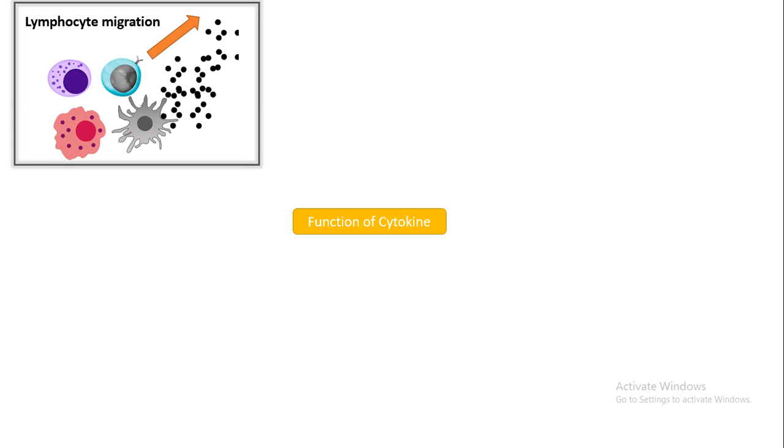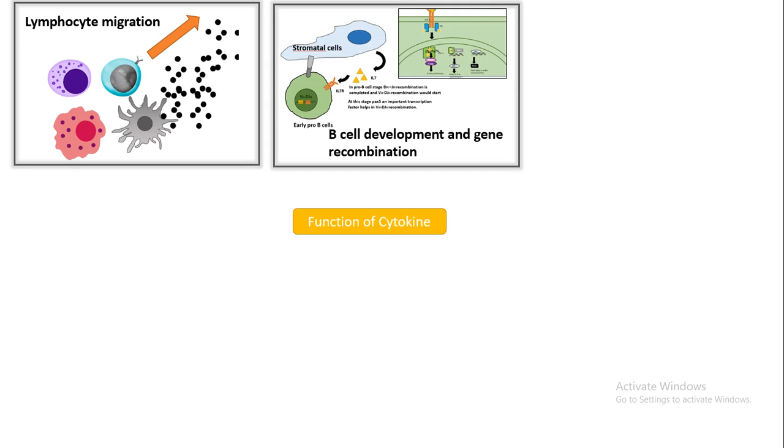So let's breeze through the various functions of cytokines. Cytokines are useful for multiple different purposes in the immune system. For example, lymphocyte migration requires a specific type of cytokine known as chemokines. Lymphocytes move along the chemokine gradient to reach their destination.